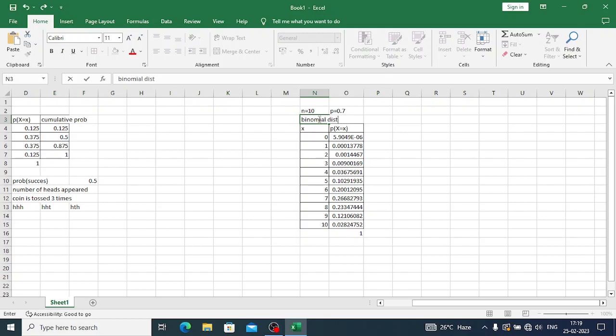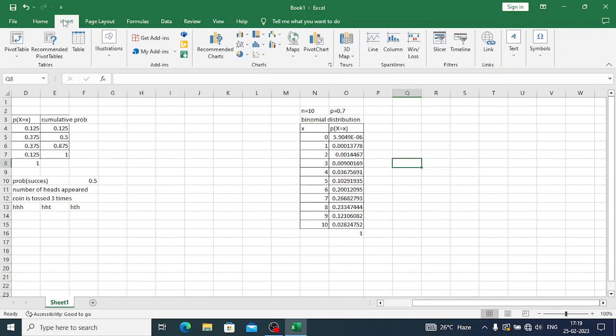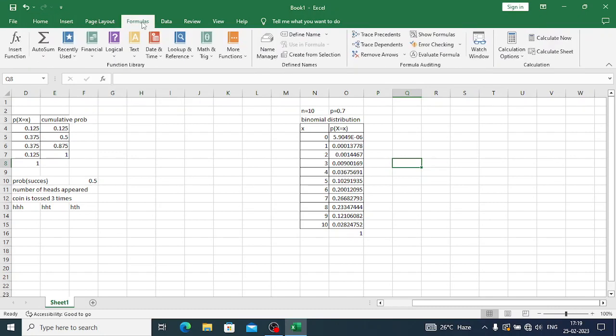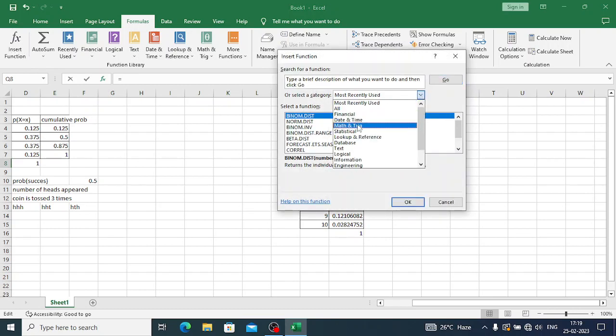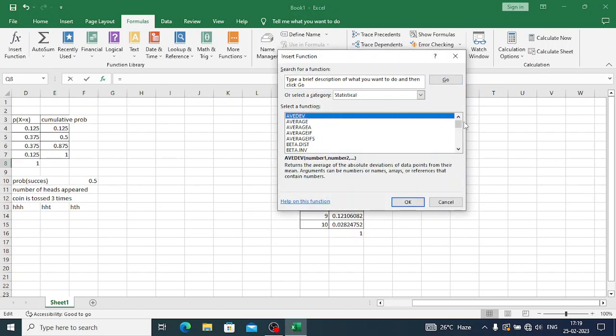Now binomial distribution values can be calculated with the help of statistical functions. As I am using these statistical formulas, just check on, I am going for this statistical one. Now all these lists of formulas are defined: AVEDEV, then average, AVERAGEA, AVERAGEIF, AVERAGEIFS, BETA.INV, BETA.DIST.